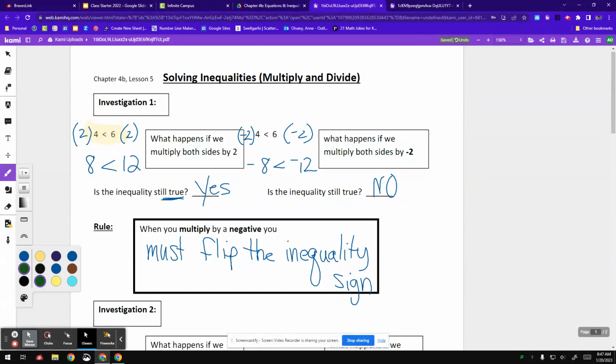This no longer can be a less than. It has to be a greater than. So when you have to use a negative number to multiply in order to solve, you have to switch the sign. That's pretty crazy. You have to pay attention to that.